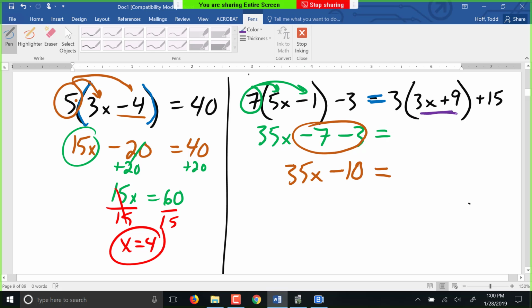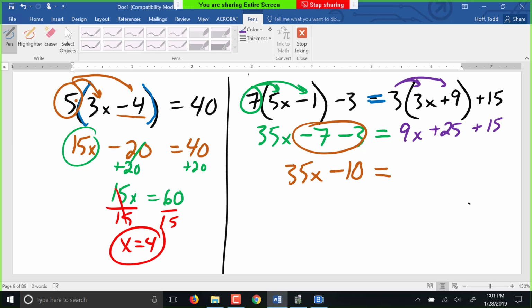Over to the right side. Parentheses. Once again, there's nothing to do inside those parentheses. So we're going to move out to multiplying by the 3. 3 times 3x makes 9x. 3 times 9 makes 27. And of course, we still have that positive 15 on the end. Again, we can combine stuff yet.